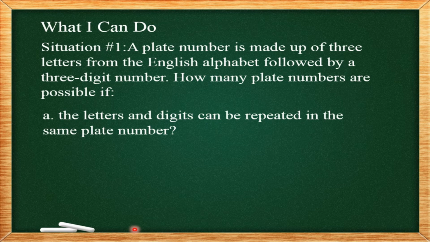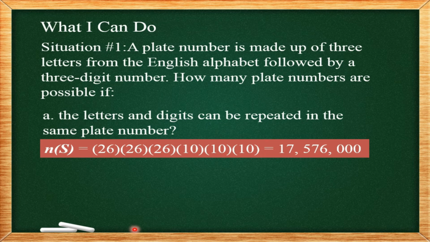We can determine this by using the multiplication rule, wherein the first letter, you have a choice from A to Z. That's 26. Since the letters can be repeated, there will be 26 again for the second letter and 26 choices for the third. For the digits, there are 10.